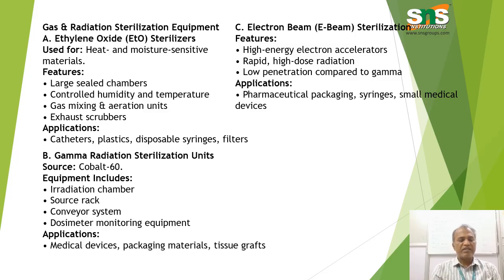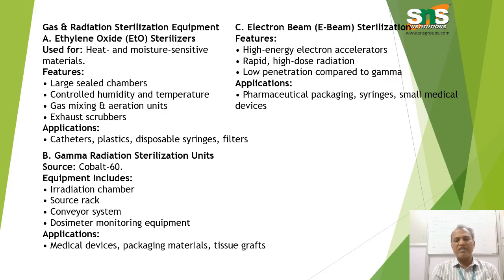Application: it applies to the sterilization of medical devices, packing materials and tissue grafts undergoing the next level of projects. Next, electron beam sterilization, or simply E-beam sterilization. What is the specialty of the electron beam? It uses high energy electron accelerators, special equipment that delivers electrons at high acceleration.